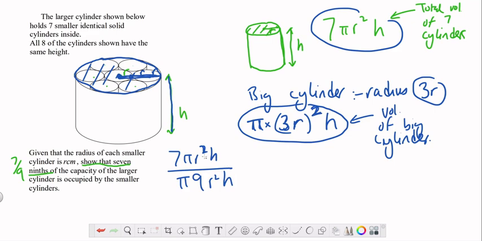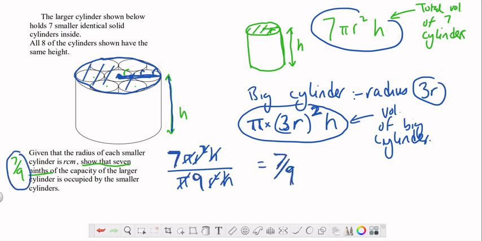Look, this will simplify. The pi's cancel, there's a pi at the top and a pi at the bottom. There's an r squared at the top and an r squared at the bottom, these cancel. There's a matching h and h, these cancel. So what are you left with? You're just left with 7/9.